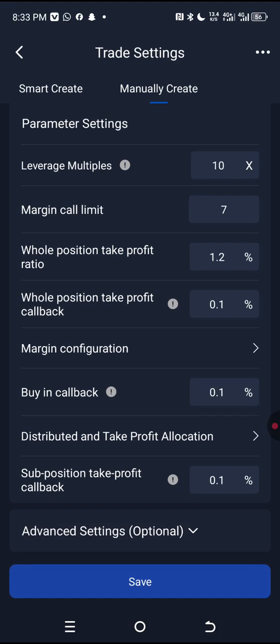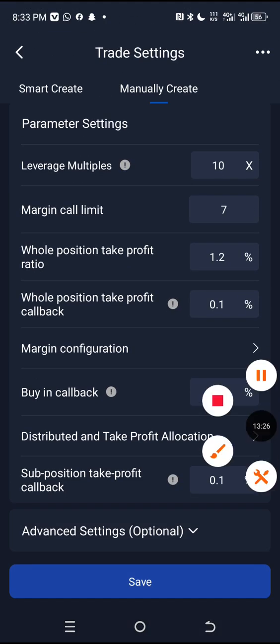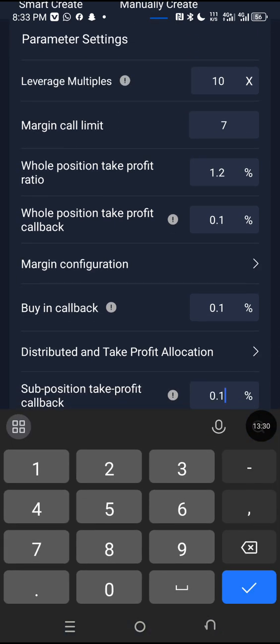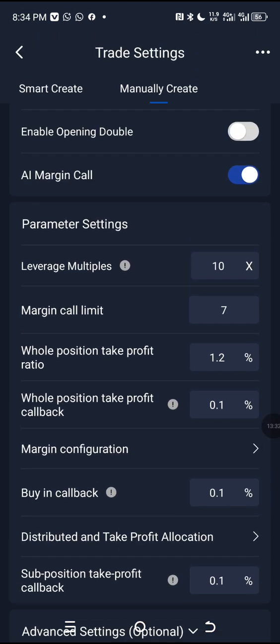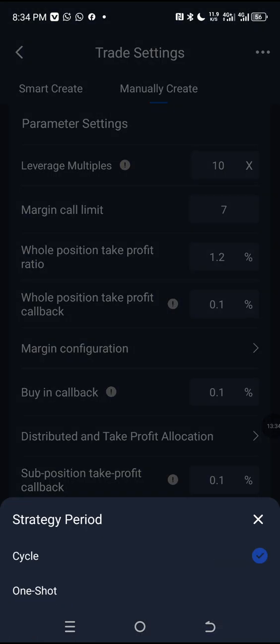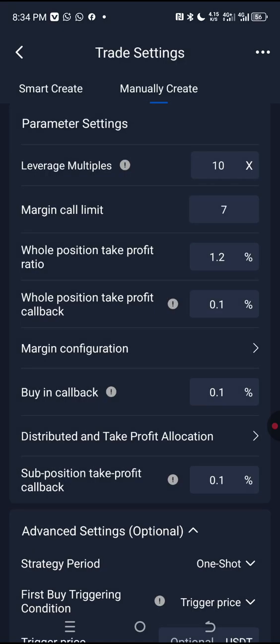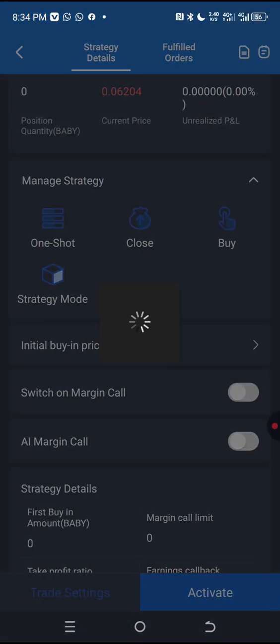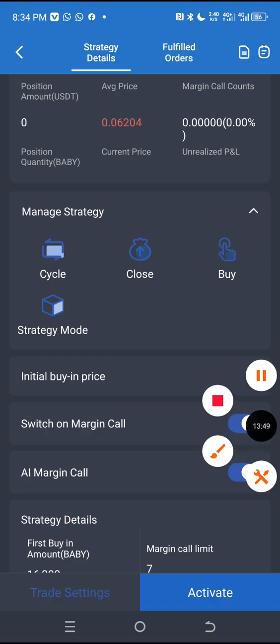And then we are going to tap here on advanced settings. Change to one shot, because when you leave it in cycle, when it sells, it's going to buy again. So I have to put it in one shot so that when it buys once, it sells and it's out of the market. And then we are going to save, confirm, and then activate.